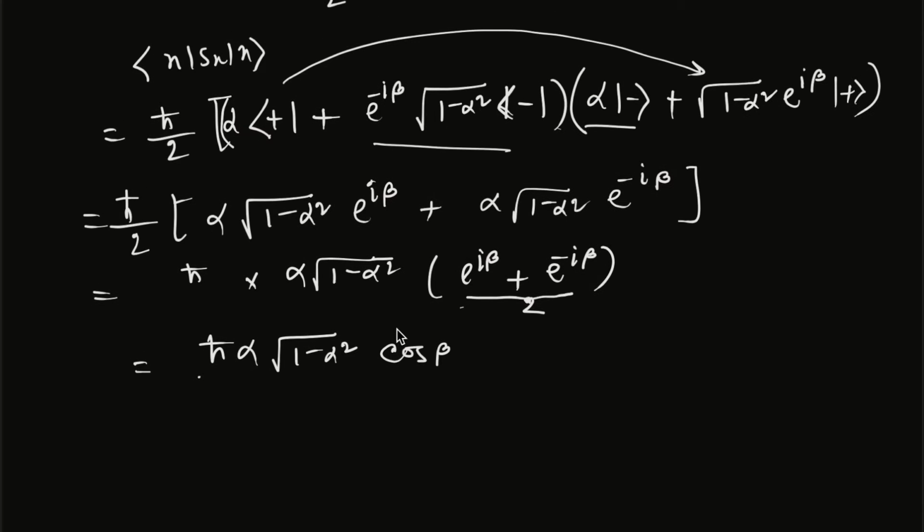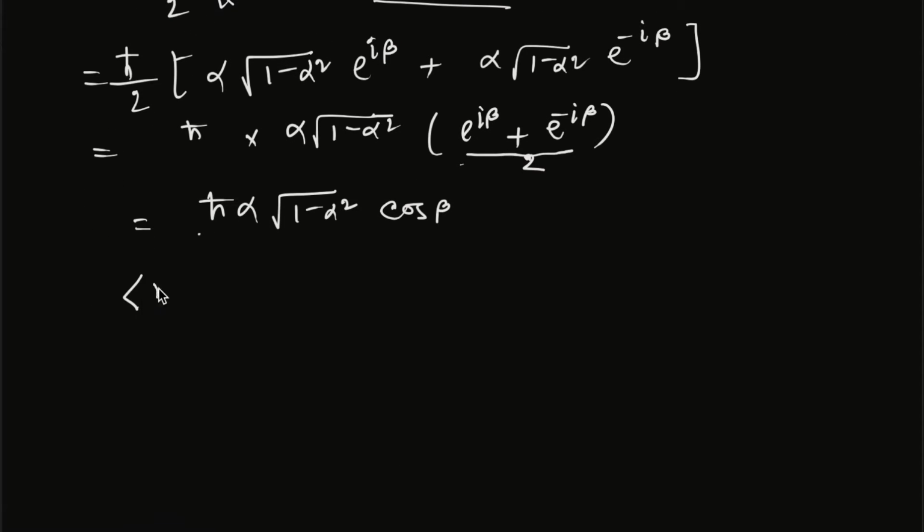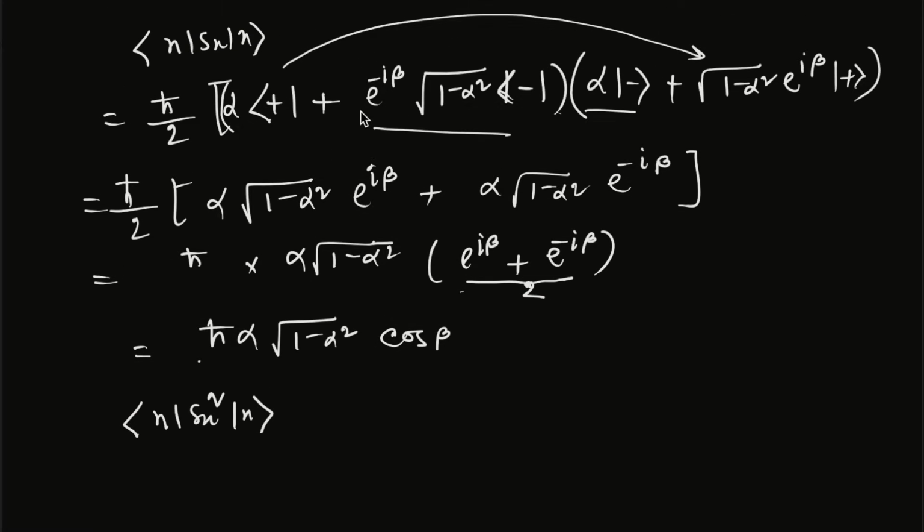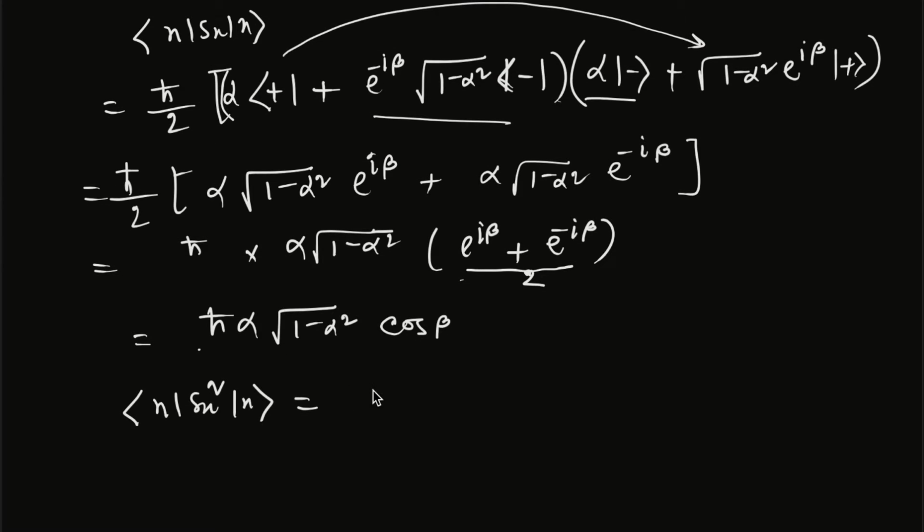Now let us calculate the value of <n|Sx squared|n>, that means Sx applied twice on the state.